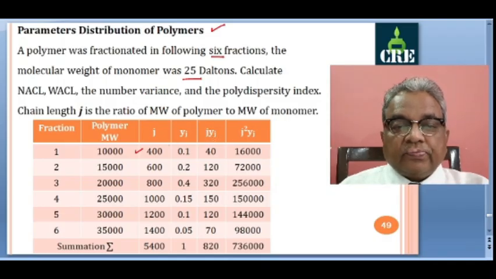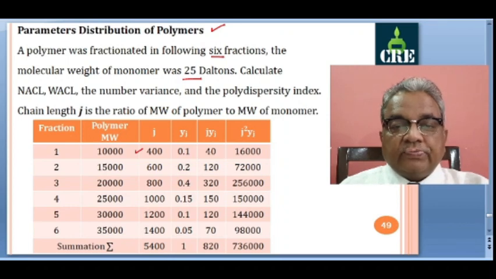So Jyj: 400 into 0.1 is 40, 600 into 0.2 is 120, 800 into 0.4 is 320, 1000 into 0.15 is 150, 1200 into 0.1 is 120, 1400 into 0.05 is 70.